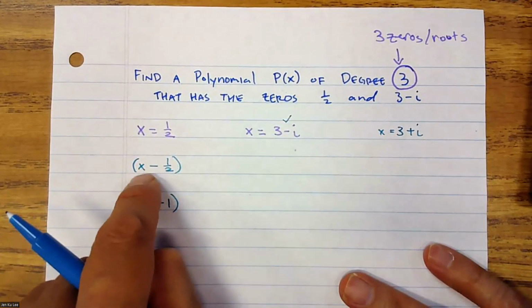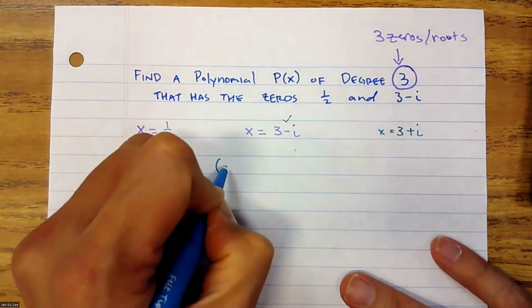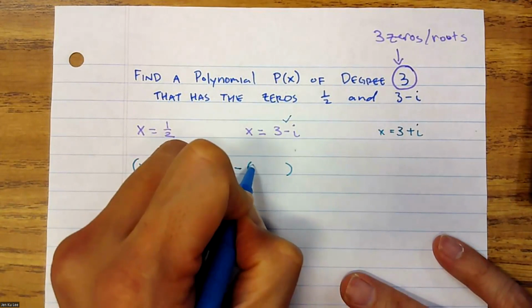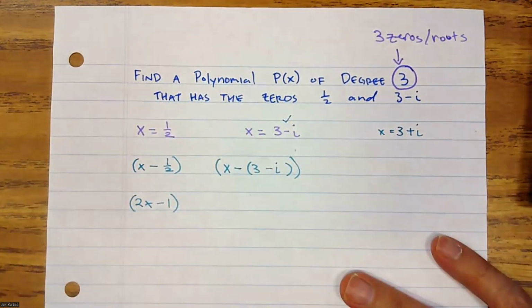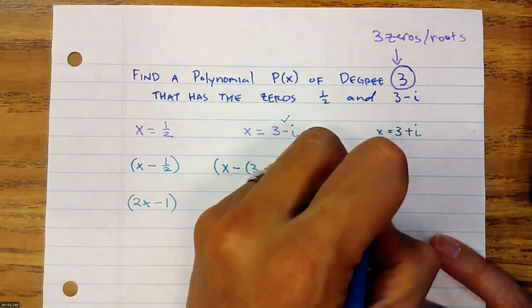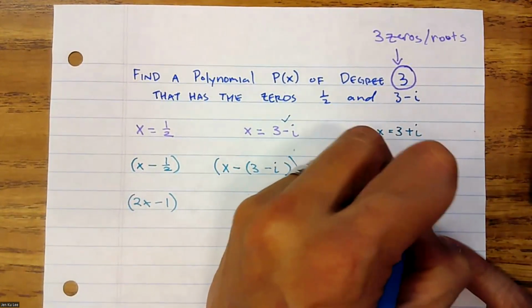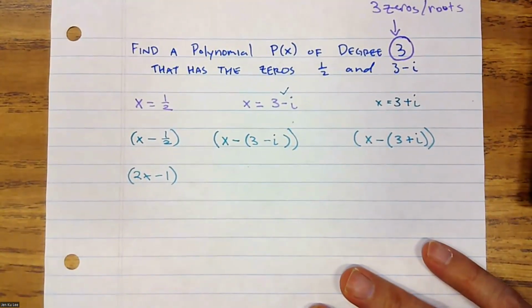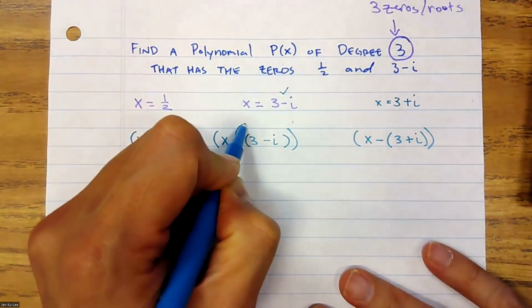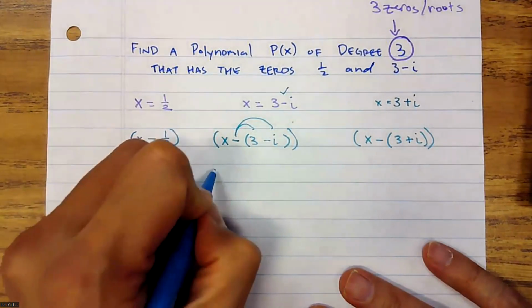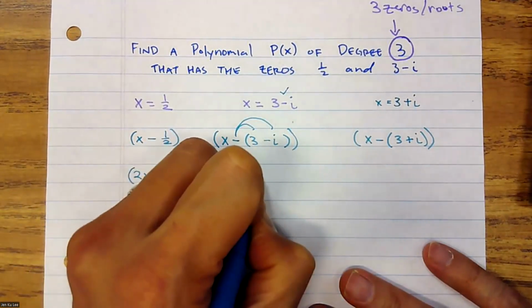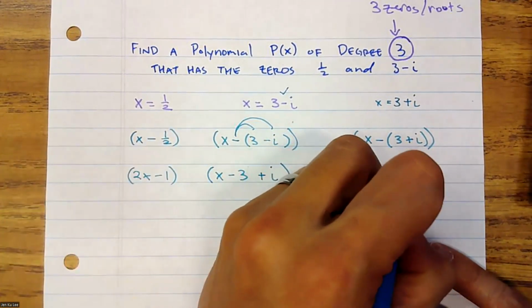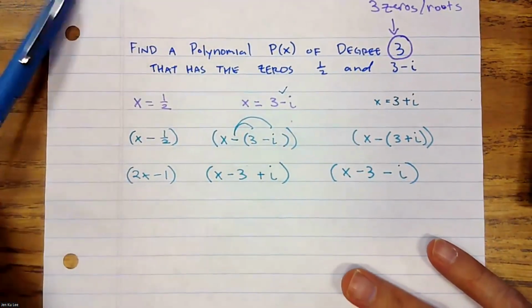So doing the same thing, x minus the root, this is going to be x minus, and since there's two terms, I need parentheses around the 3 minus i. And I'm going to do the same thing here, x minus parentheses 3 plus i. Now my next step is I'm going to distribute the negative. So that's x minus 3 plus i. And I have x minus 3 minus i.